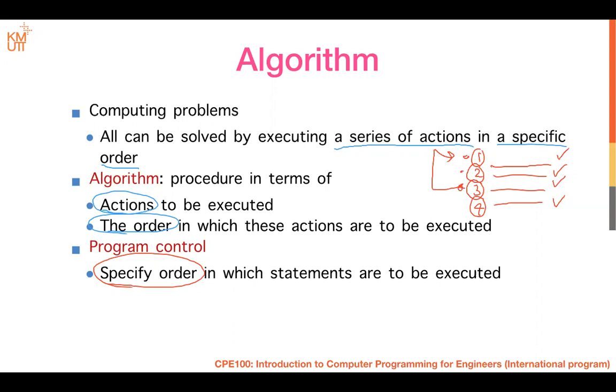Maybe it is 1, 2, 3, and then back to 1, 2, 3 again, until a specific time, maybe it will go to 4 and then to program termination. That's why we need to have a program control here.